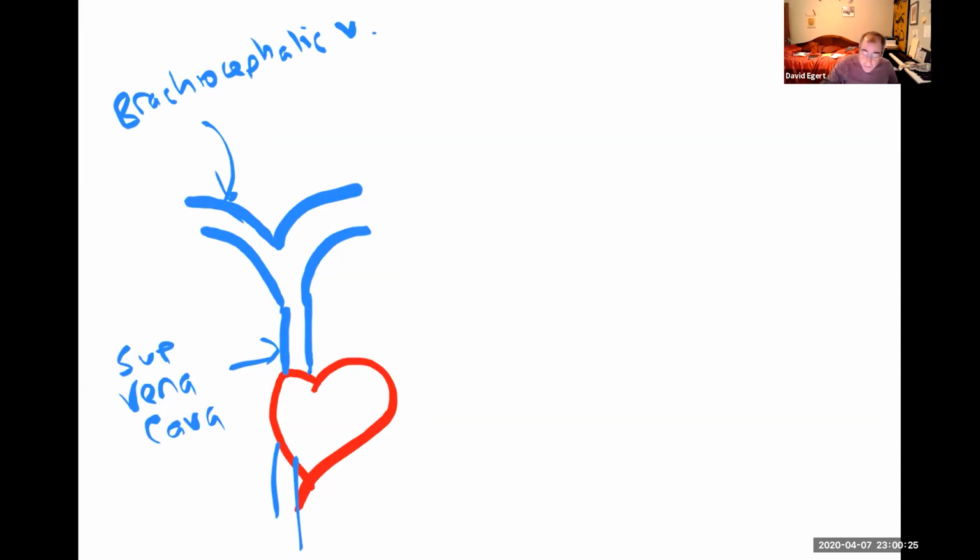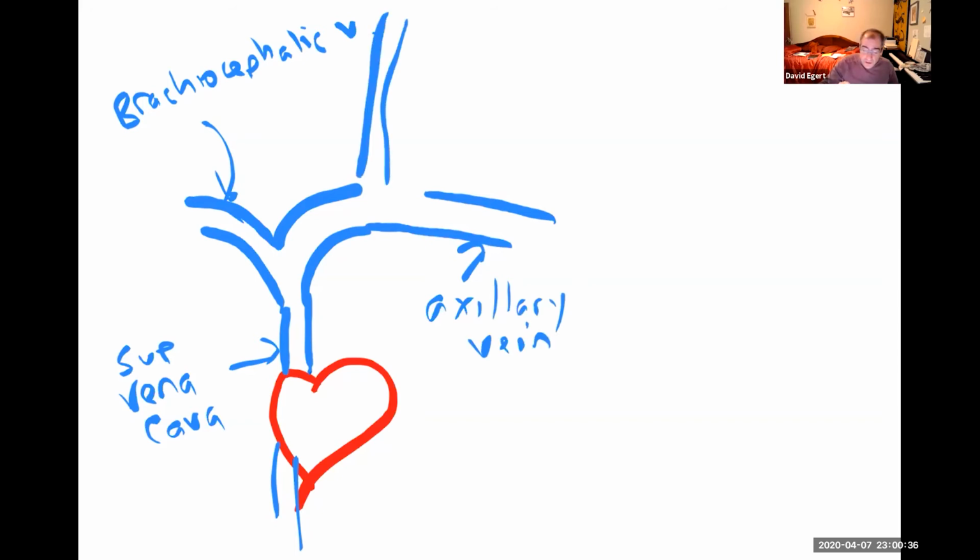And then one is going to the arm. We have this axillary vein. Then we have the internal and external jugular veins coming down.